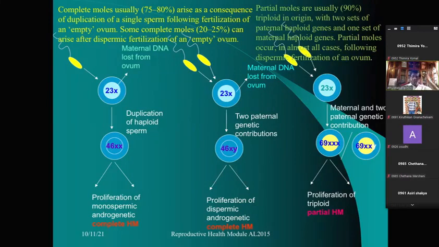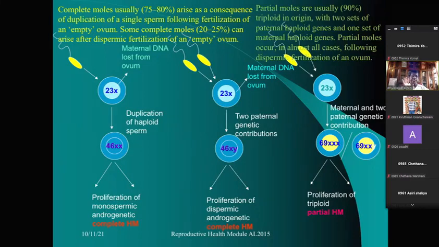Now here in this trophoblastic disease, what happens is, when you have a 46XX or XY, you find both sex chromosomes are from the male partner, from the paternal side.